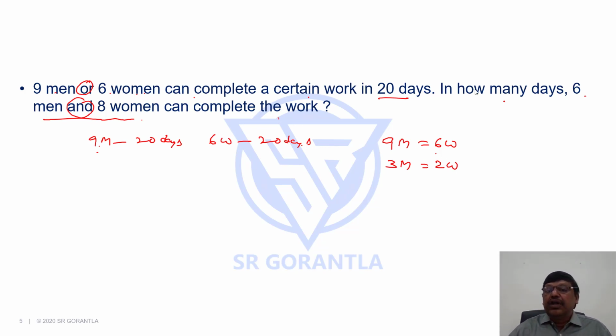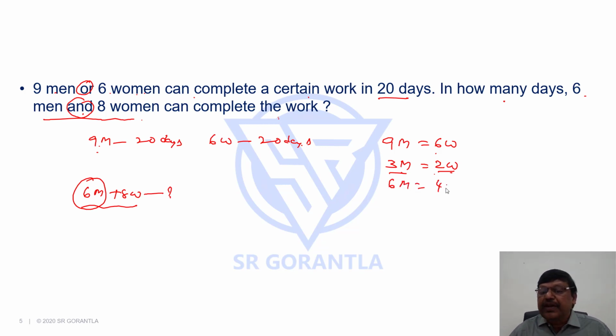Now, the question is in how many days 6 men and 8 women can complete the work. Here the basic approach has to be to express everything either in terms of the work that women do or the work that men do. We have 3 men equals 2 women. If 3 men equals 2 women, we can say 6 men capacity will be equal to 4 women.